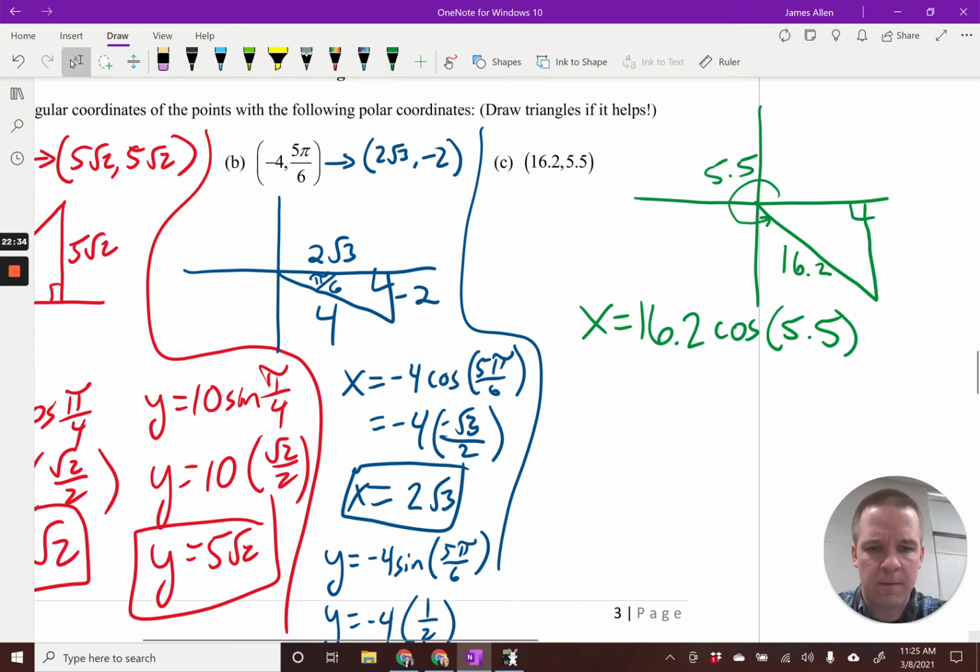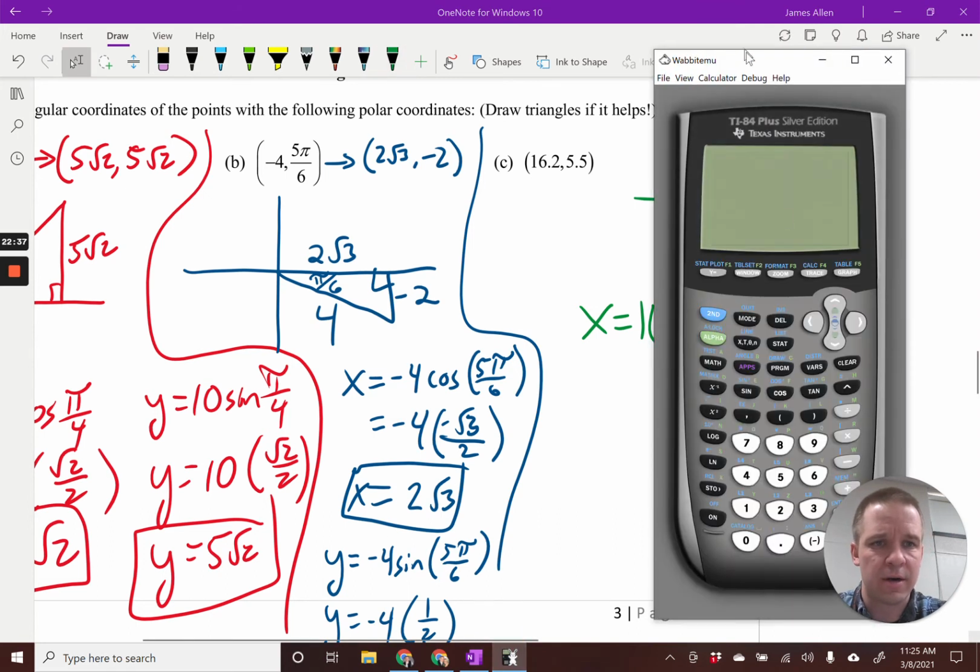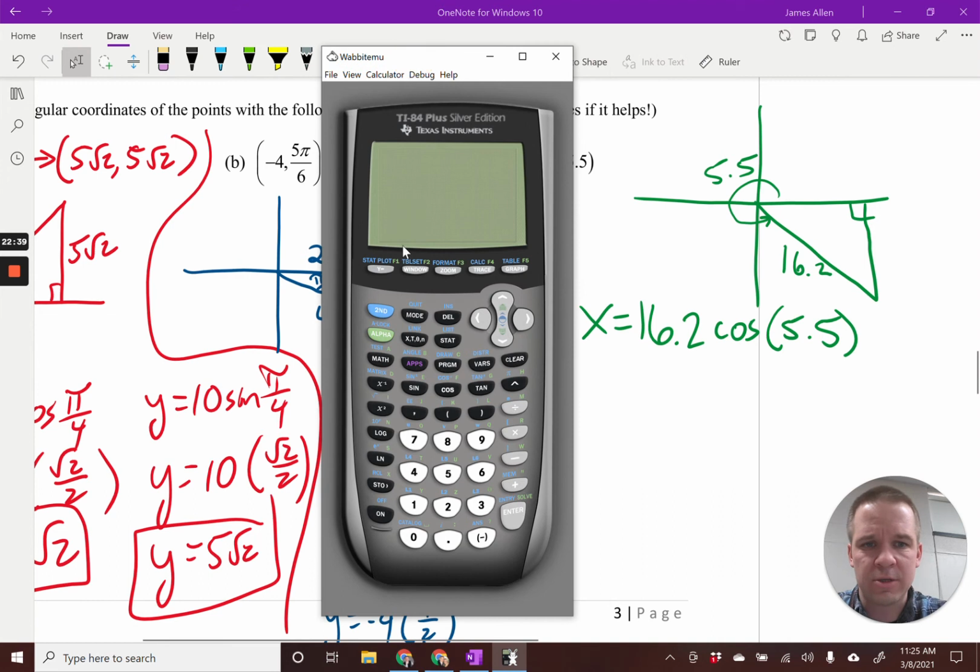Now let me pull up my trusty calculator. Let's remember something here: since I'm in radians, I've got to make sure that the calculator is in radians. I am. Awesome. Always double check that before you wreck that. And so I can just type this straight up. 16.2 cosine of 5.5.